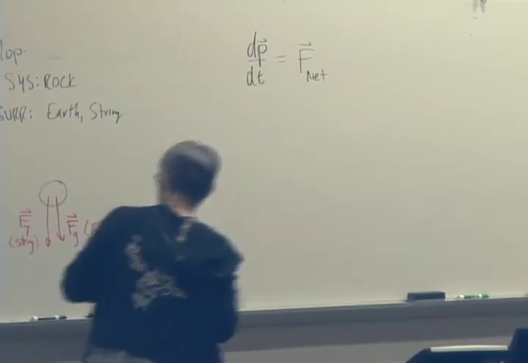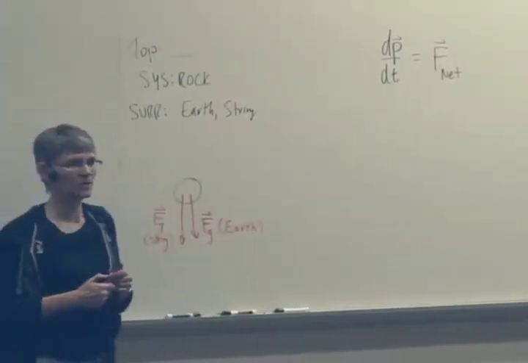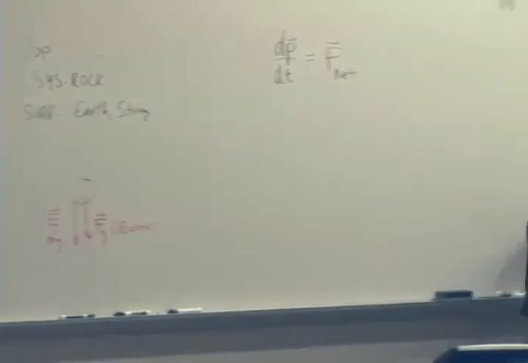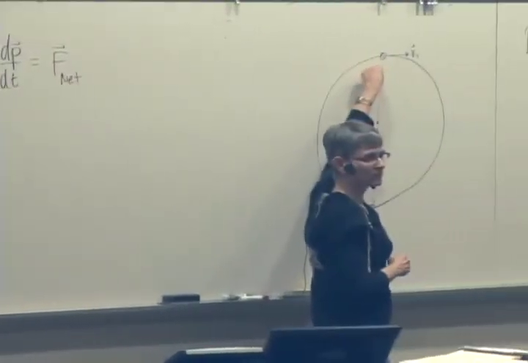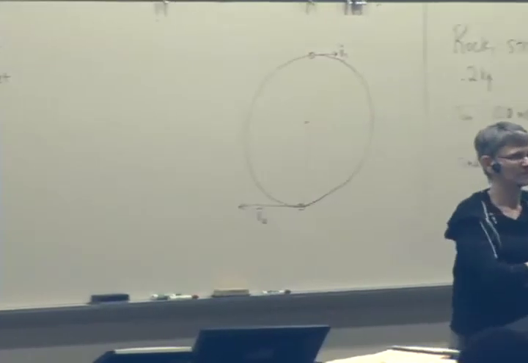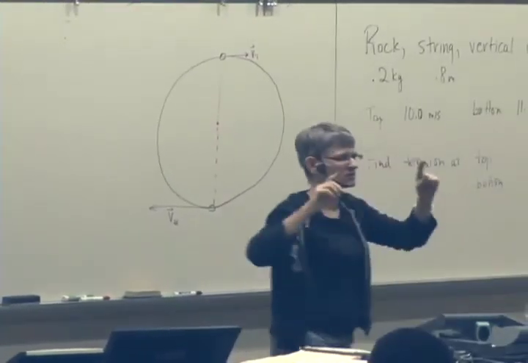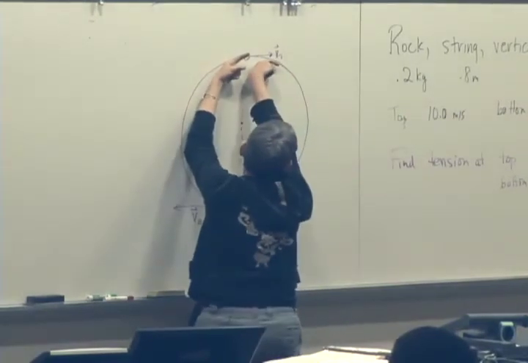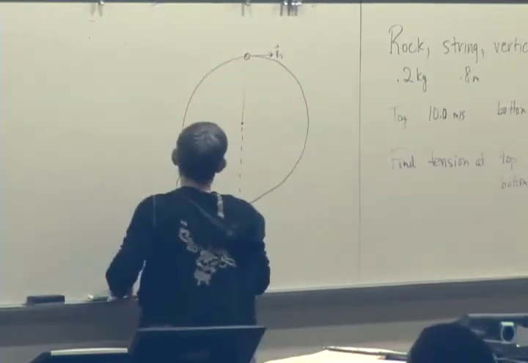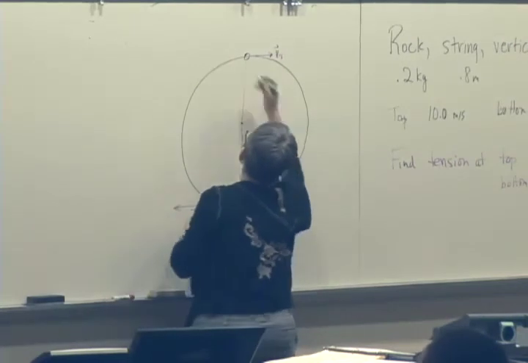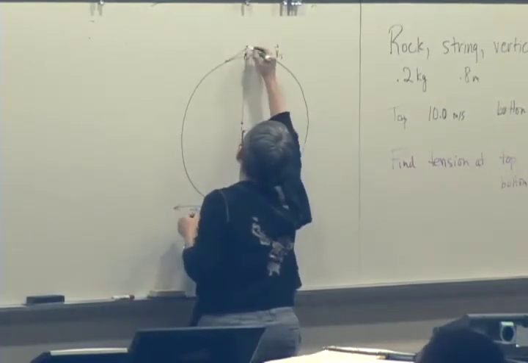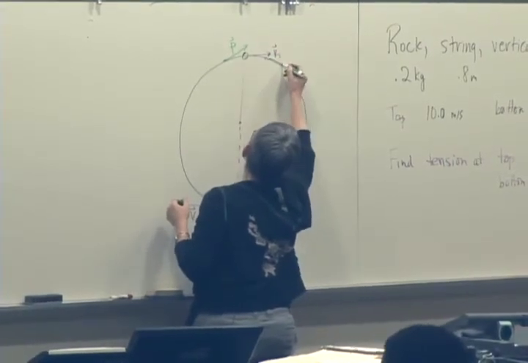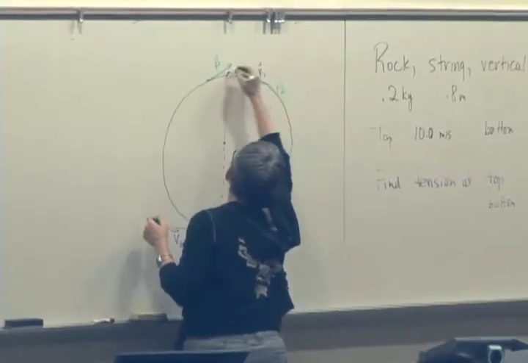So it looks like F net is going to be down no matter what. Is that good? What's the direction of dp/dt here? Remember, if you're not sure, you can always use this procedure. We take momentum previous, momentum a little bit later. So a fraction of a second ago, momentum was like this, and a fraction of a second later, momentum is going to be like that.